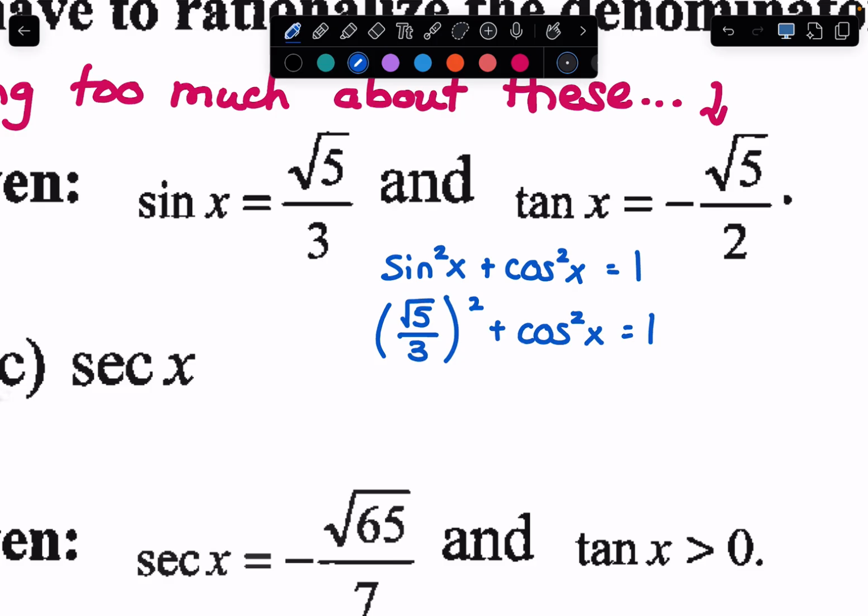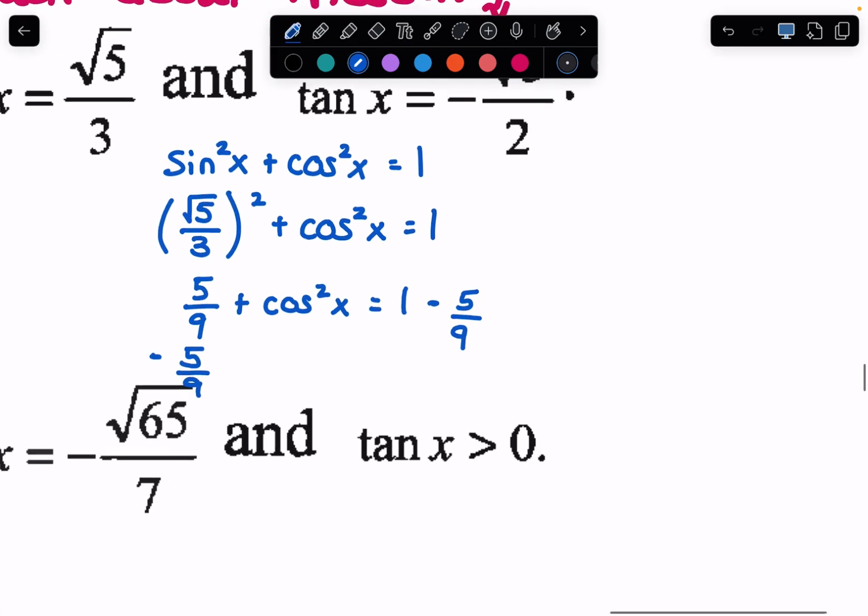Okay, I need to square that. If you square a square root, you're just left with what's under the house, right? They undo one another. So 5 over 9 plus cosine squared. And then I'm going to subtract 5/9 from both sides. Okay.